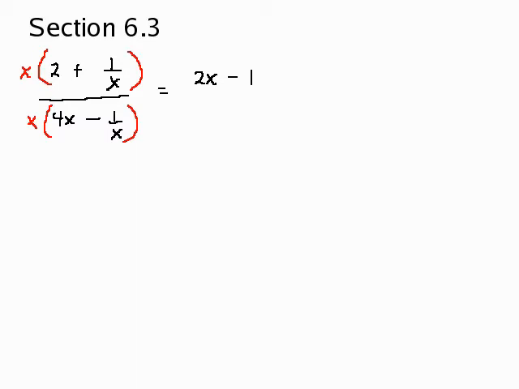Now, if you want to, when you're distributing, you can take that x, and when you multiply it and hit this fraction, you can call it x over 1 times 1 over x. And you can see the x's are going to cancel to give you that 1. All right, divided by 4x times x would give us 4x squared minus 1. And that's the answer, right?